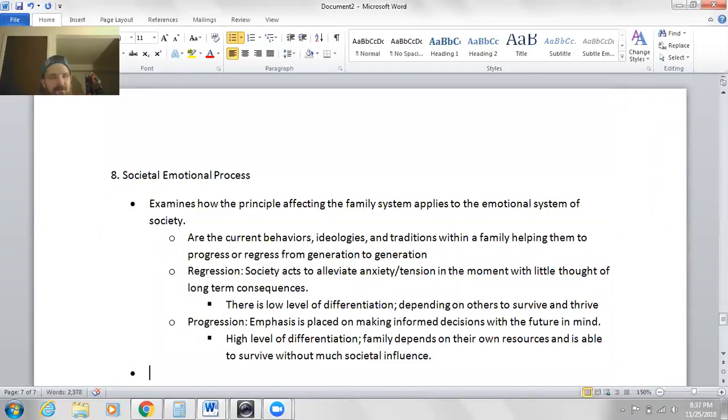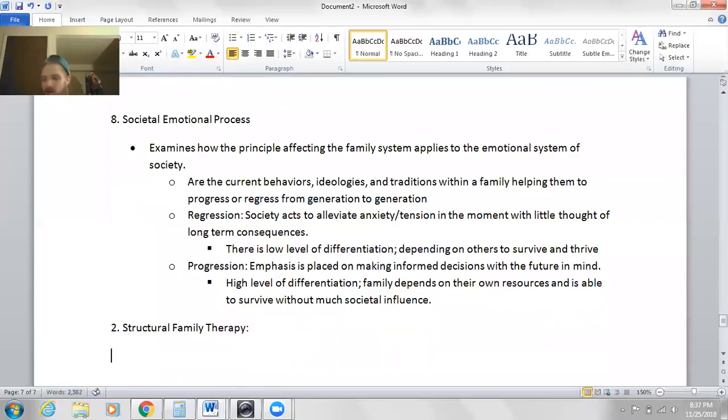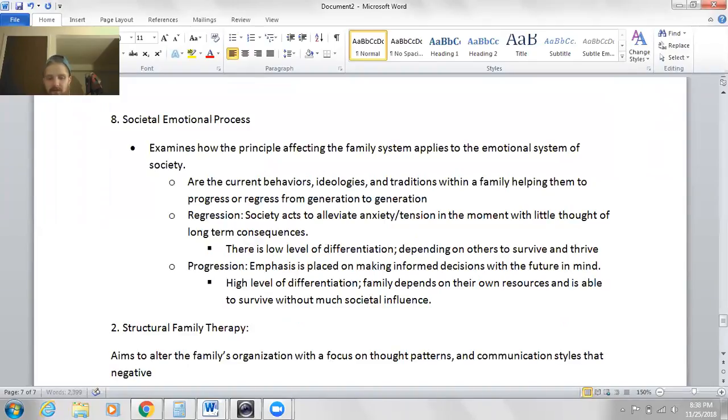So that is Bowen's theory. The second type that we're looking at here is structural family therapy, which aims to alter the family's organization with a focus on thought patterns and communication styles that negatively impact the family unit.